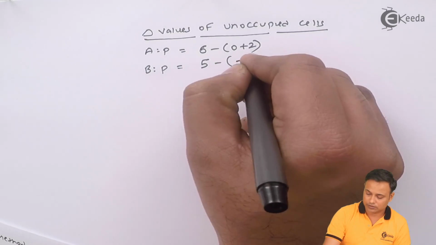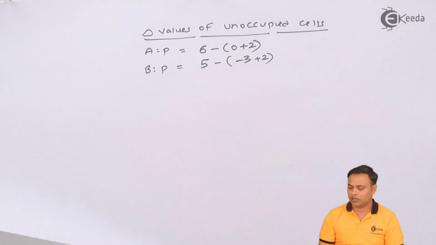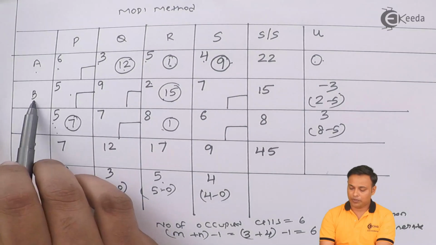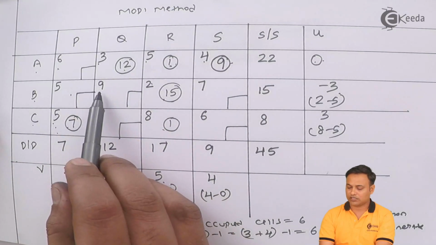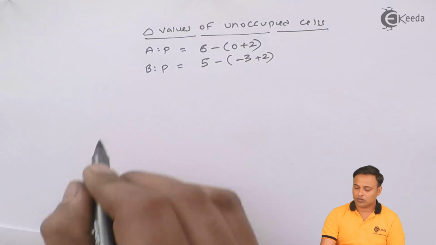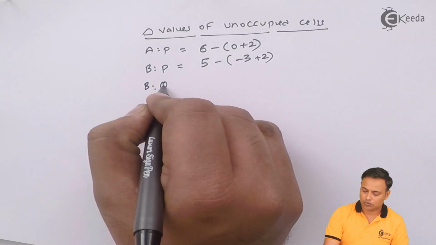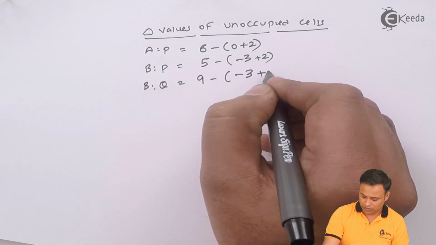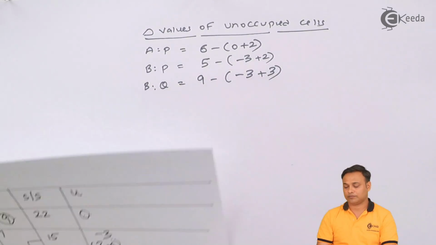Next we have BQ, cost is 9 minus 3 plus 3.